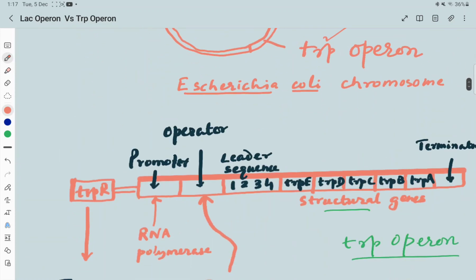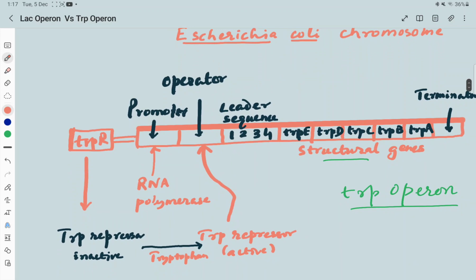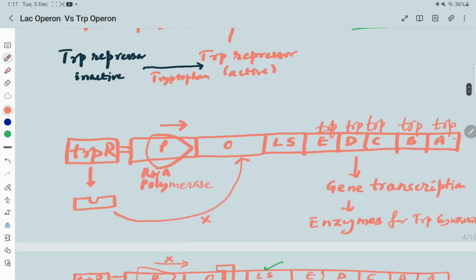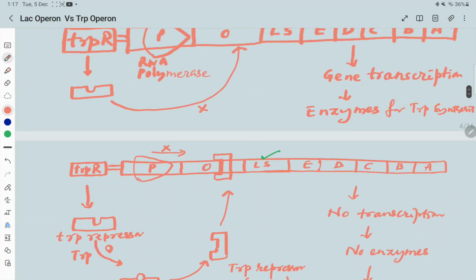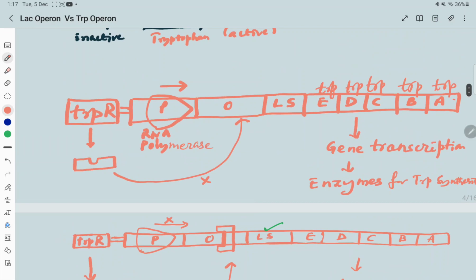So this is positive regulation. And the TRP operon also is operated through the TRP repressor protein as well as the leader sequence. And when it operates through the leader sequence, we call it attenuation. When there is no repression, the TRP repressor protein cannot bind to the operator.